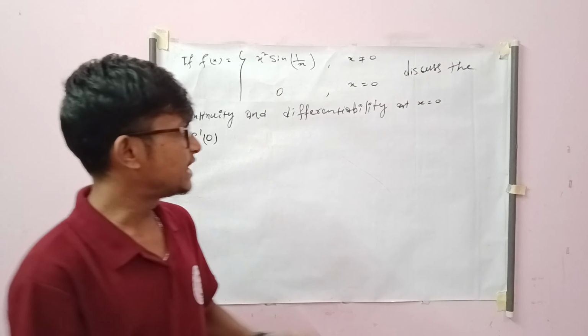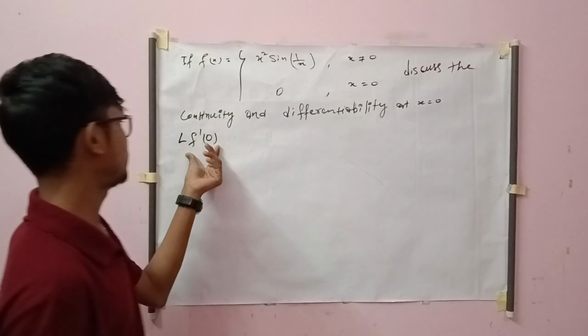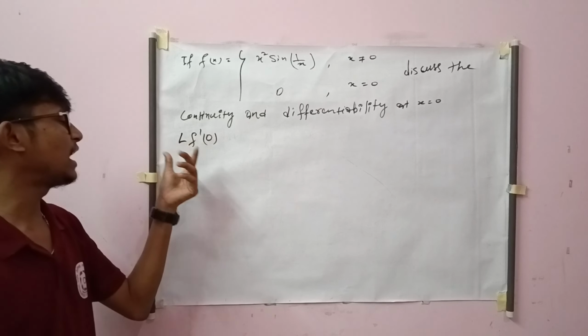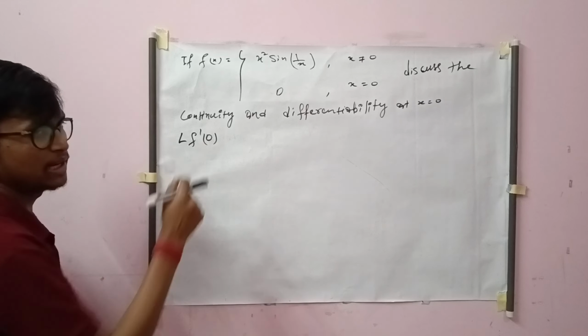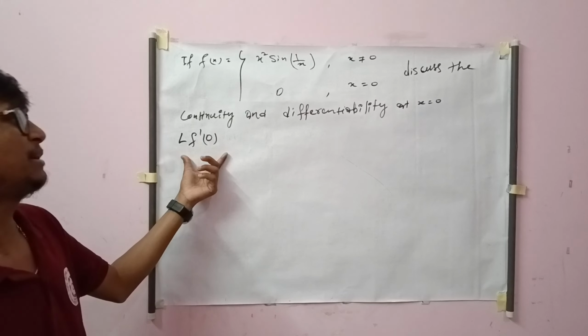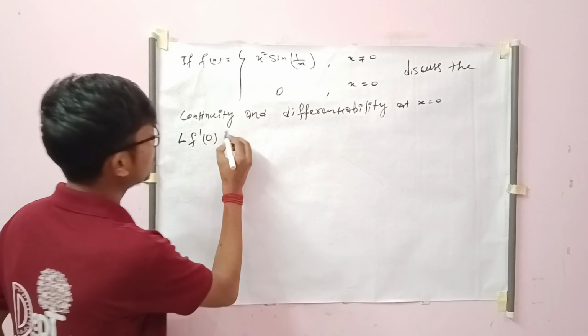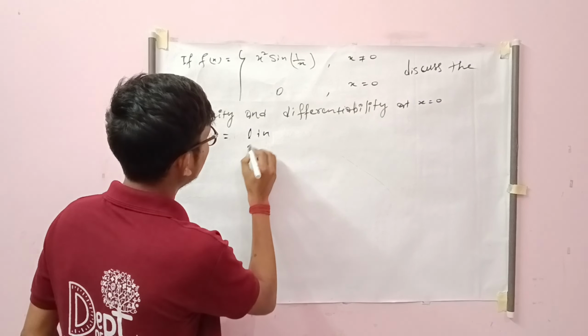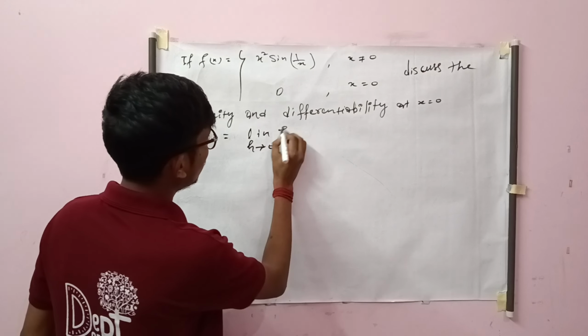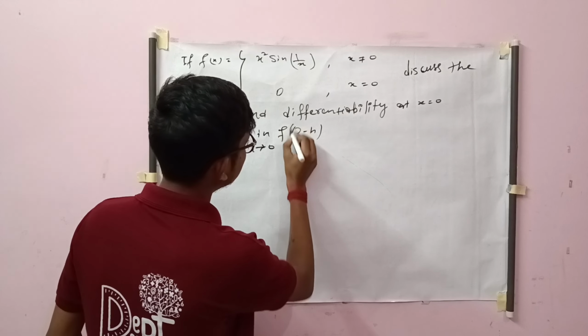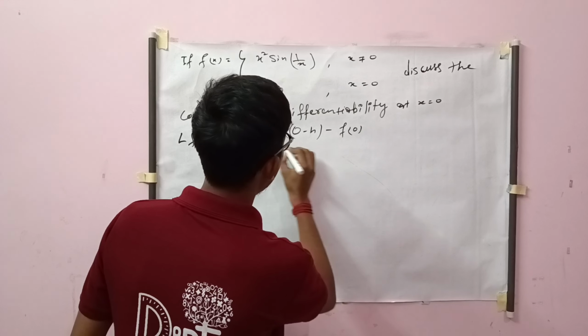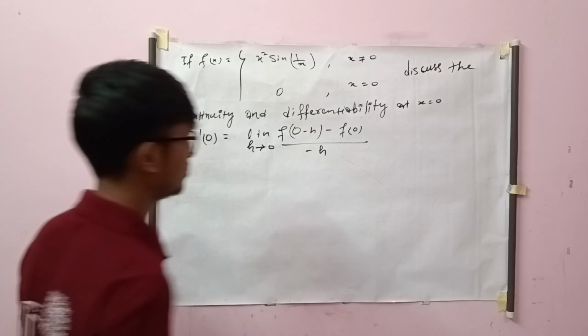Since we are checking at 0, the left hand derivative at 0 equals limit h tends to 0 of f(0 minus h) minus f(0) upon minus h.